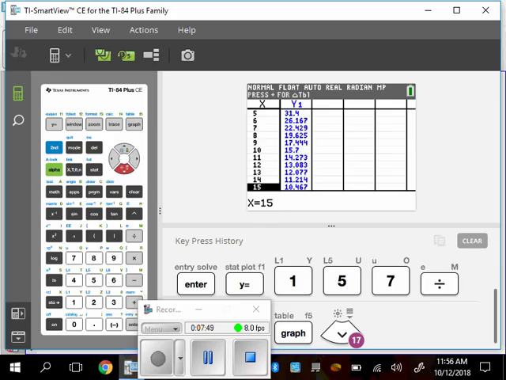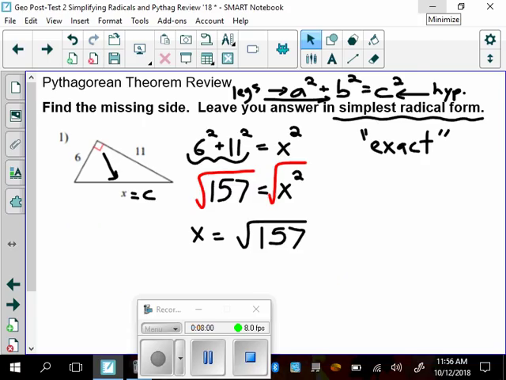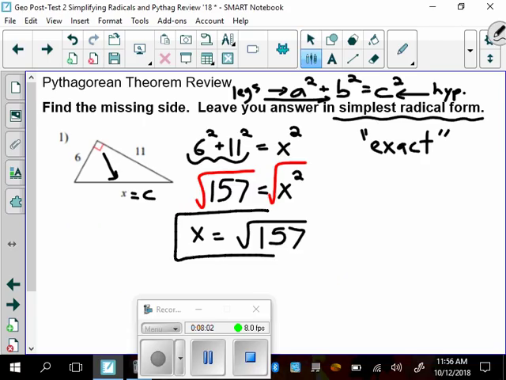So you can scroll down through this, right? There aren't any numbers that go into 157. Okay, so since you're not able to simplify it, that would be your answer.